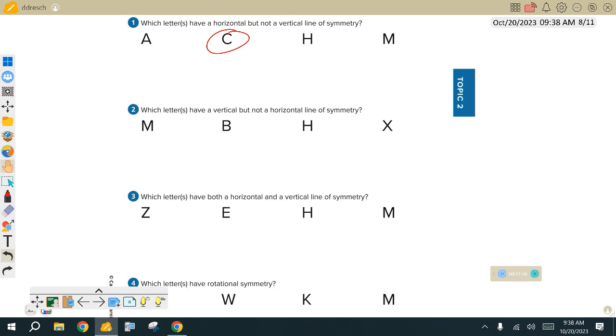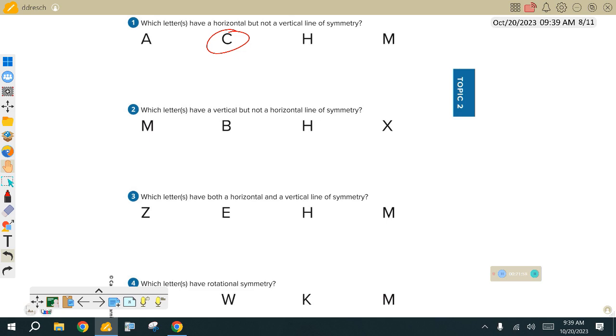C, and I heard an H, but H I think does have a vertical though, right? H is the one that has both, doesn't it? So that's where I said you got to read carefully. H is the one every year students do suggest that as well. But C has a horizontal but not a vertical, does it? H has both, so don't circle that one.